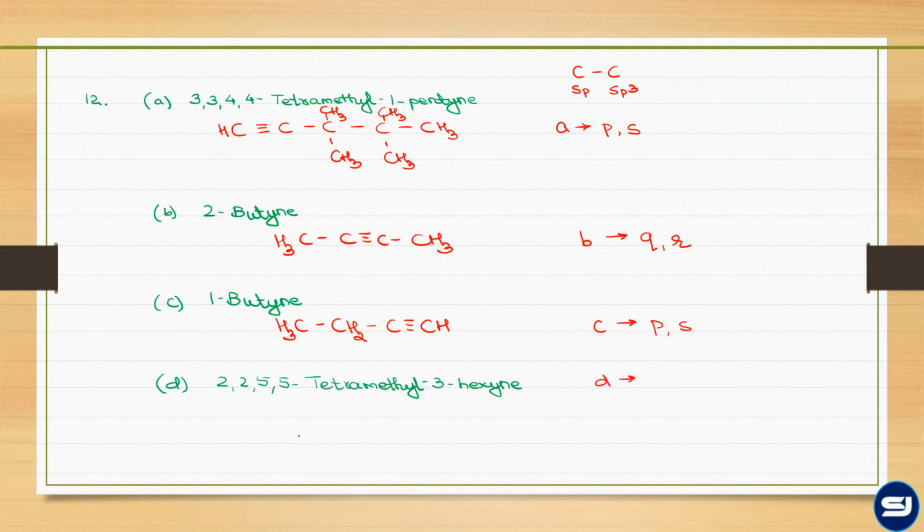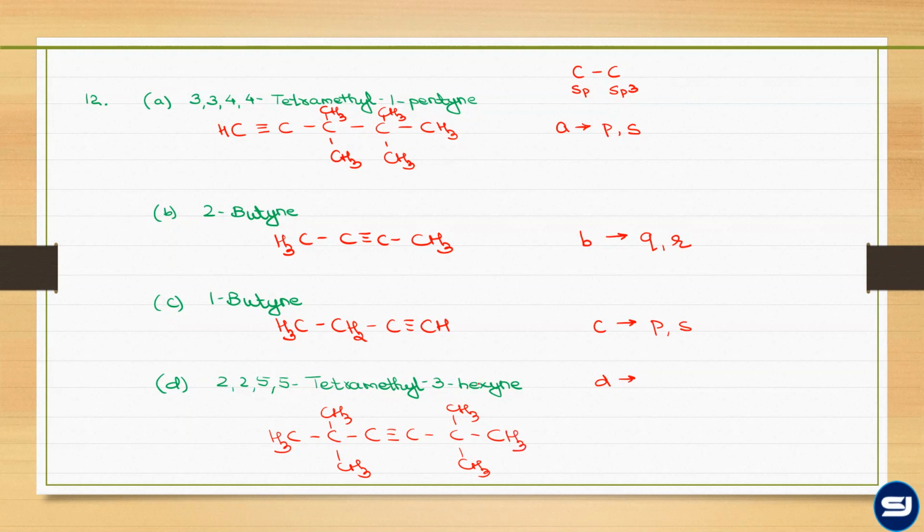Now for D, let's draw the structure first. You have a 6 carbon parent with third carbon having a triple bond. Second carbon is having 2 methyl and fifth carbon is also having 2 methyl. Find the valency, you will get H3 and H3.